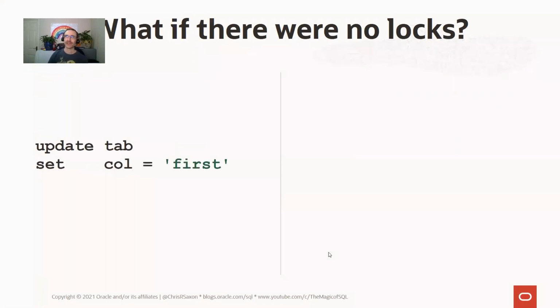But also, if we lived in a world where we could update a row and not lock anything, other weird things could happen as well. It's not very often, but from time to time, you'll run DDL on your tables. For example, I'm running this update. What happens if you come along and decide you want to drop the table?